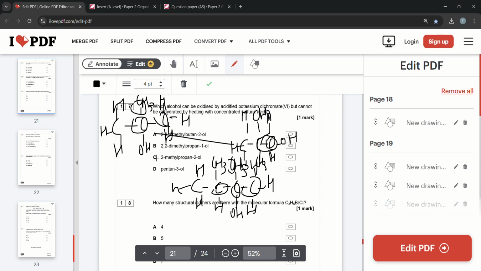So it cannot be A, cannot be C. And if we look at pentanol, methane, ethane, propane, butane, pentane, 1, 2, 3 alcohol groups on the third carbon. Actually, let's just put it here. Fill in the hydrogens. Methane, ethane, propane, butane, pentane. Yep.